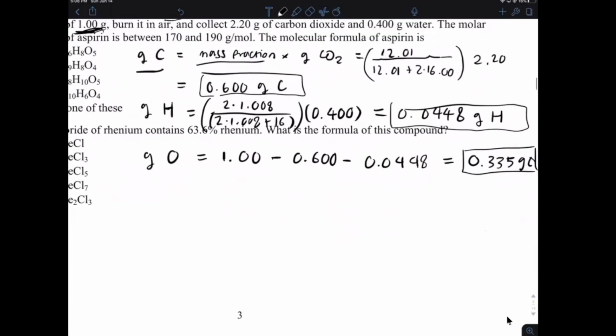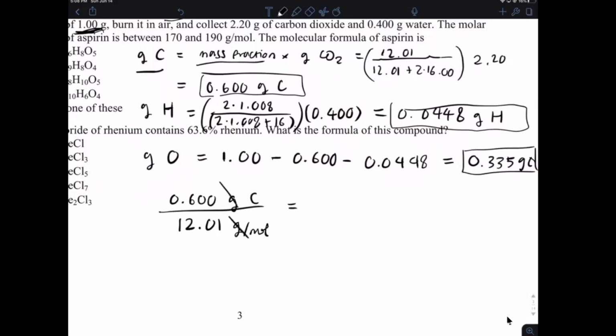Right, moles. So how do we convert everything to moles? Right, so we just divide by the molar mass. So we can find that on the periodic table, and we get moles in the end.